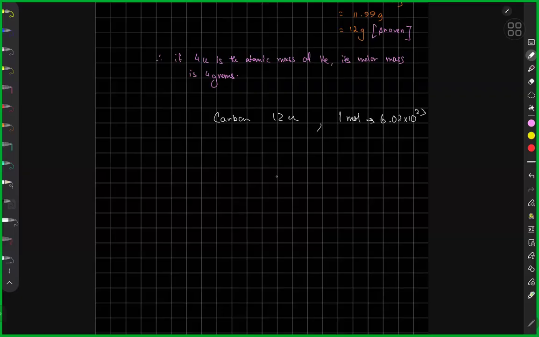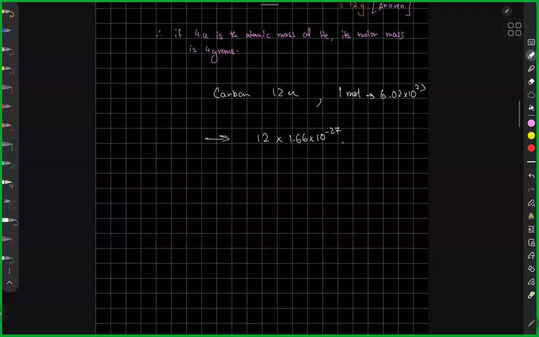So, how much mass will 1 mole of carbon have? Very simple. 12 times 1.66 times 10 to the power minus 27, the mass of one carbon atom, times however many particles there should be in 1 mole of any substance, which is 6.02 times 10 to the power 23.